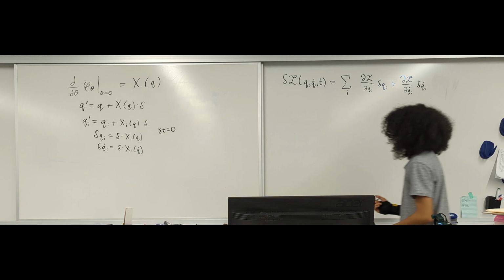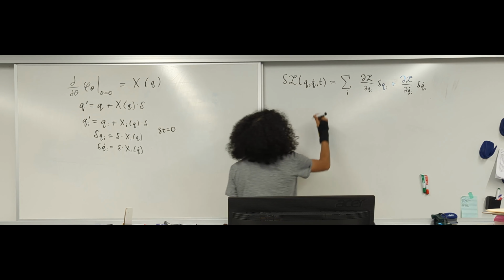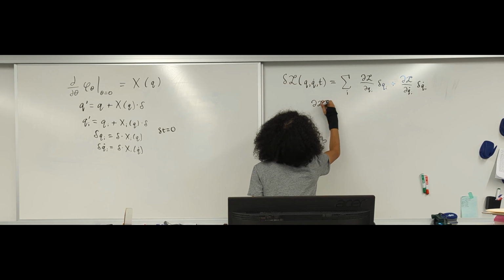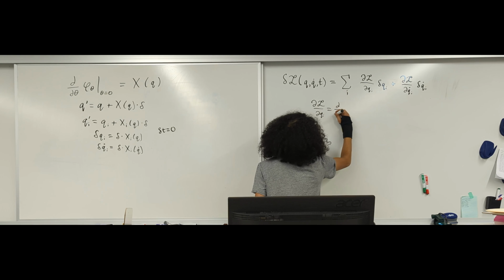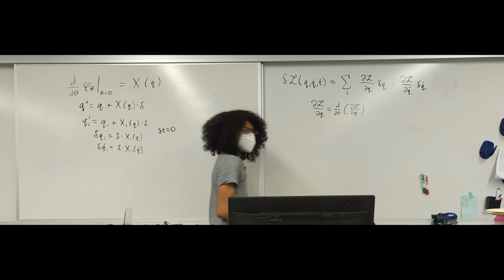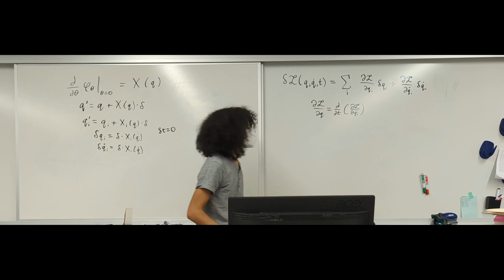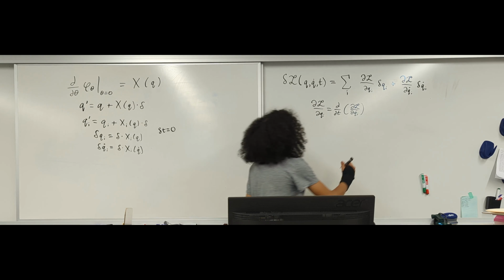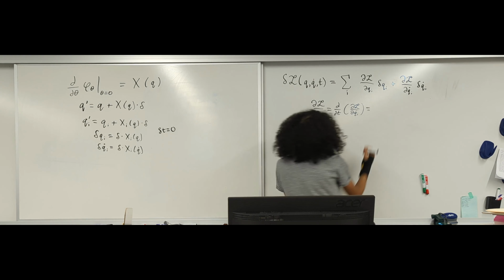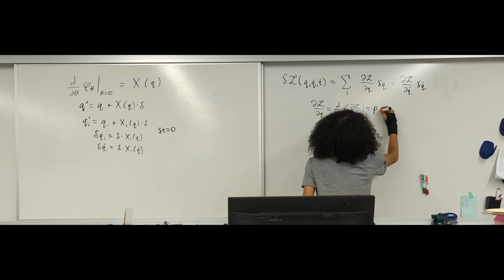And so what was true of those trajectories was that dL by dqi is equal to d by dt of dL by dqi dot. But remember, we defined these as the conjugate momenta. And so this is d by dt of pi, which we just called pi dot.